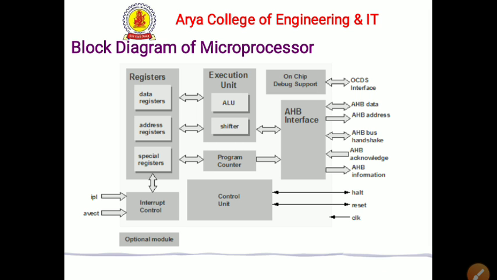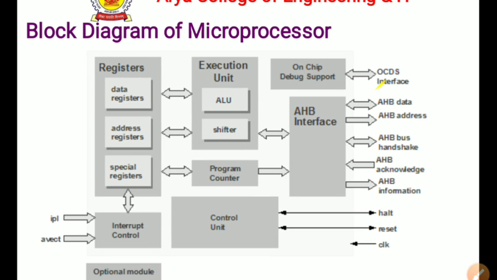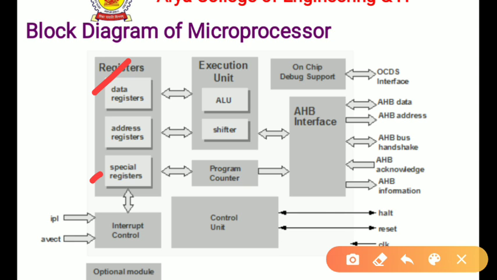Now, the important thing is the block diagram of the microprocessor. We have some registers in this block: data registers, address registers, and special registers. For saving the data, we have data registers. For addressing, we have address registers.